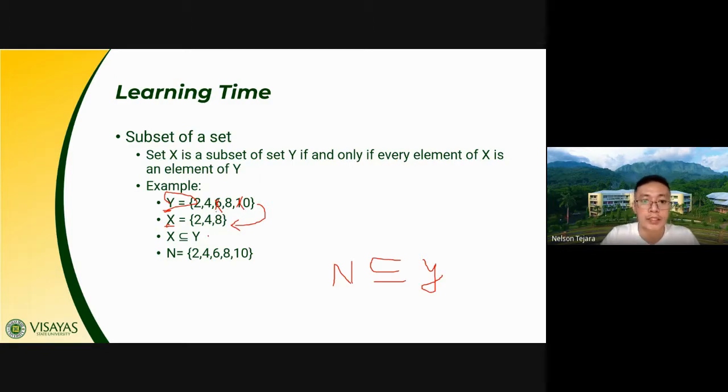We have elements 6 and 10. So elements 6 and 10, class, are not found in set X. Therefore, X here is a proper subset of Y.